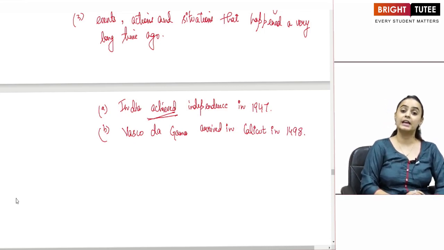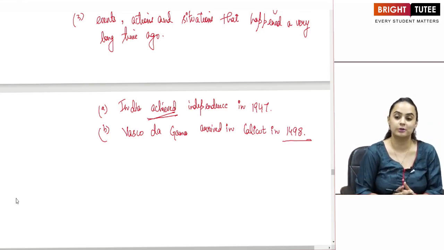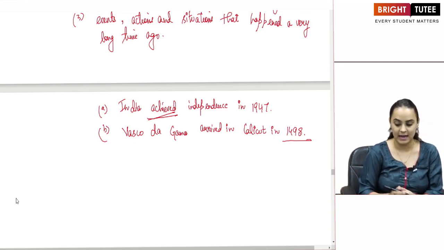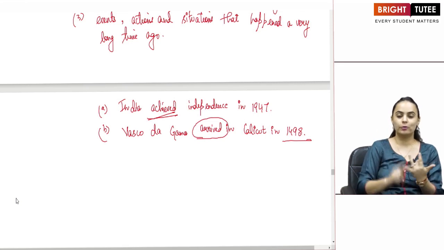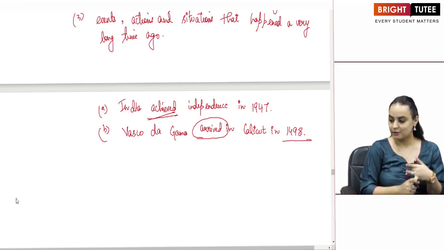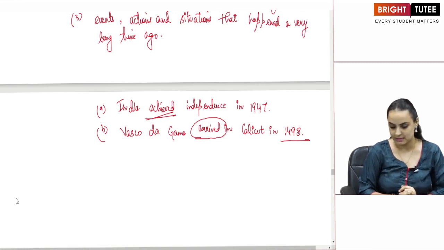So again, another event that took place very long time back, the year 1498, and therefore we use the second form of the verb, which is arrived. So for those events which took place long time back, for them also we use the simple past tense.